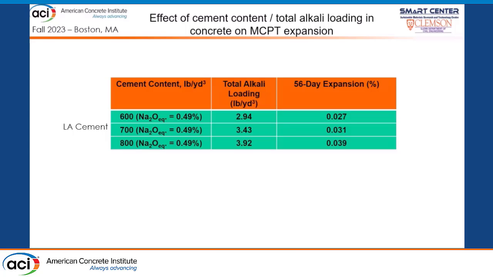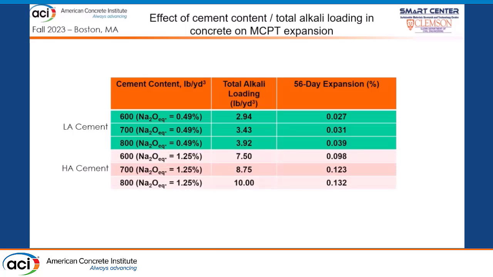We looked at 3 different cement contents in the concrete formulations from 600, 700, 800 pounds per cubic yard that led to an alkali loading from close to 3% to close to 4%. And then we did the same thing with the high alkali cement where we boosted it and we got an alkali loading from 7.5 to 10%. So we have a range of alkali loadings and there are 56-day expansions here.